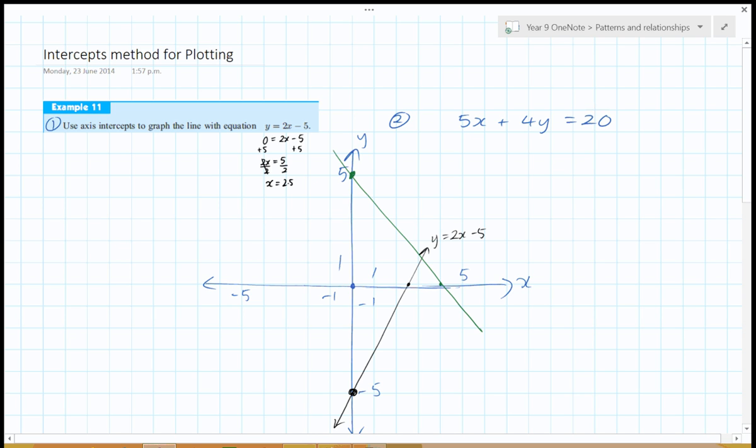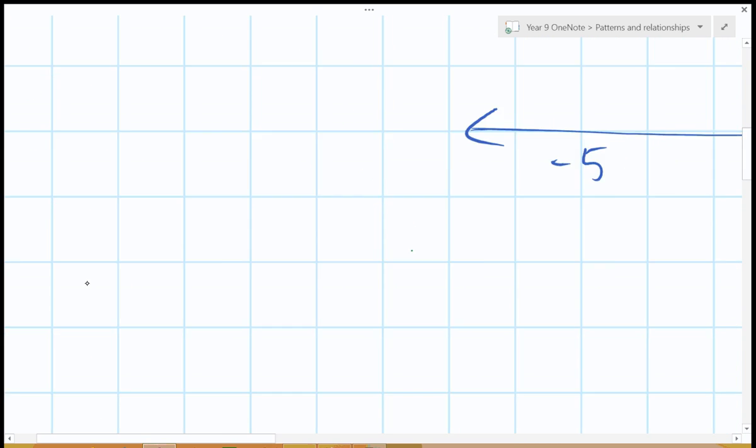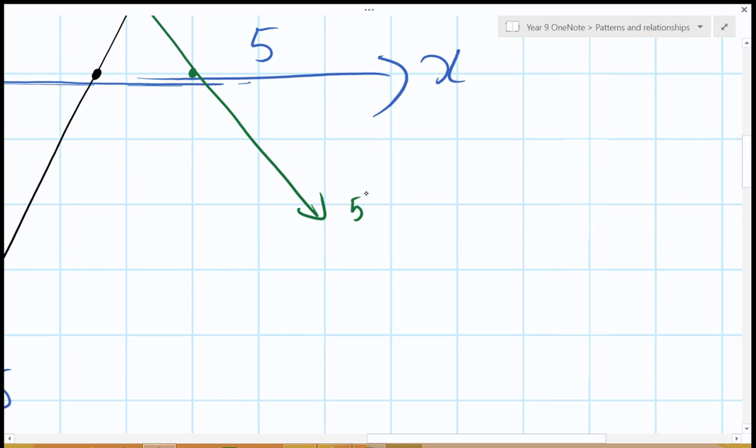What else does my line need, Keegan? The arrows. What else does my line need? I need to label it with the equation. So that was 5x plus 4y equals 20.